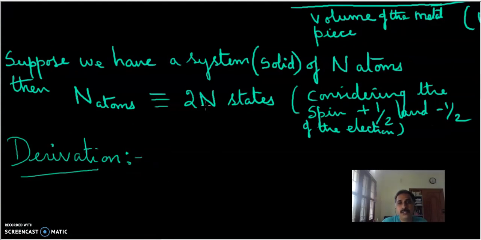N atoms have N states, but we have 2N number of states to accommodate the plus half and minus half spin of the electrons. One for plus half and one for minus half, therefore 2N number of states. N atoms will have N orbitals, having 2N states. Let us take it simply: N atoms means there will be 2N states for electrons to occupy. Right? Now we go to the derivation part.